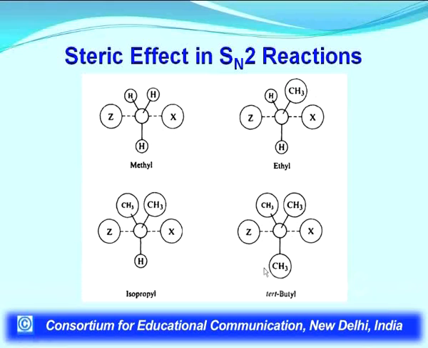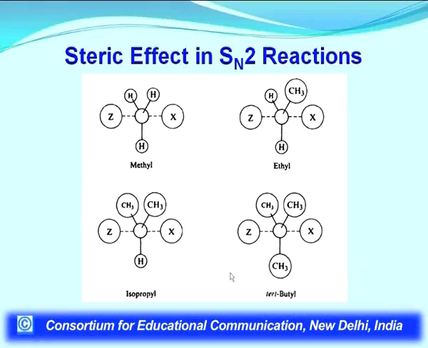So these are all 5 bigger groups. So what happens? The transition state which is formed is more and more less stable, that is, it is more energetic, and in order to reach this transition state more energy is required. So obviously the reaction rate becomes slow, or sometimes under certain conditions the reaction may not proceed by this mechanism when we move from primary to tertiary alkyl halides.